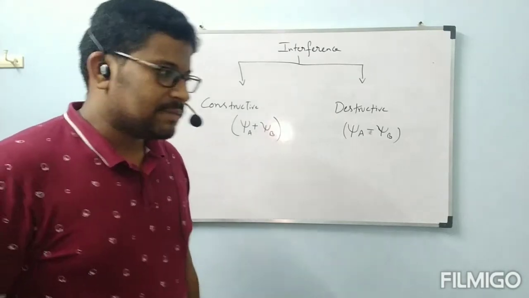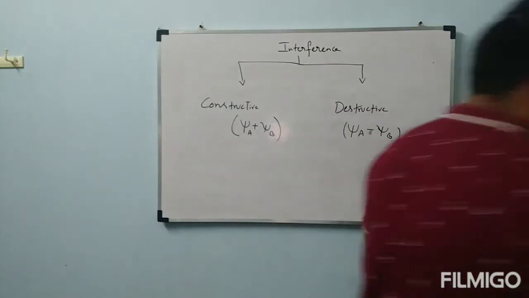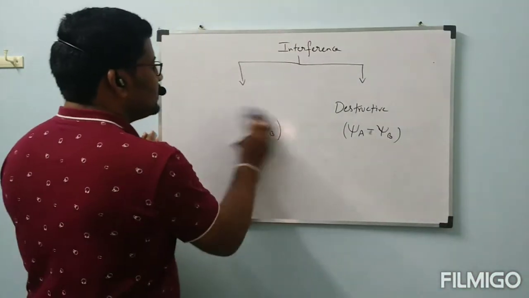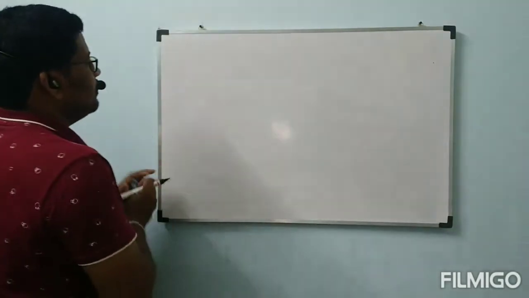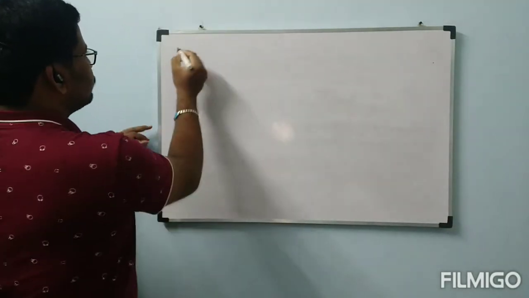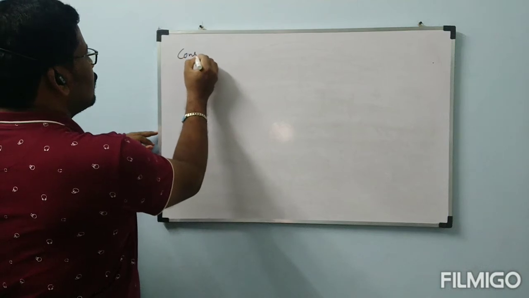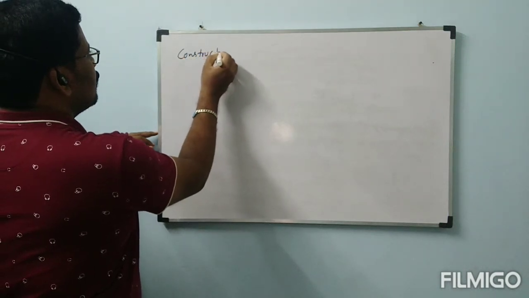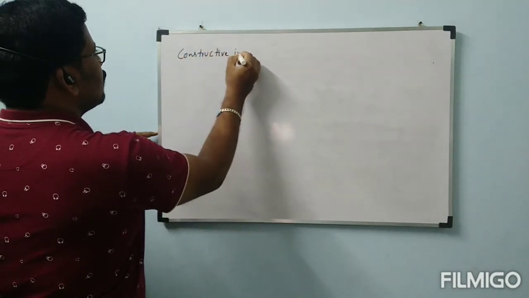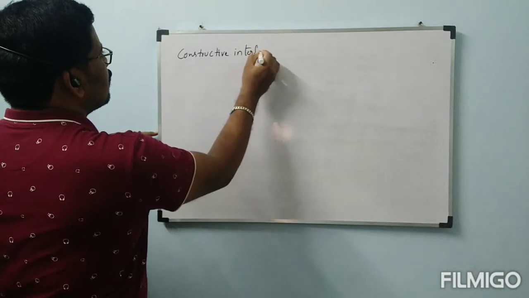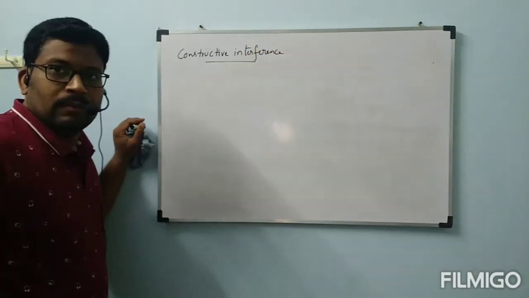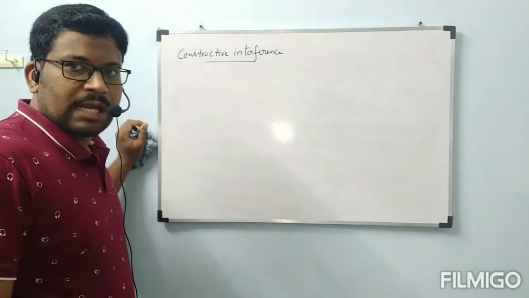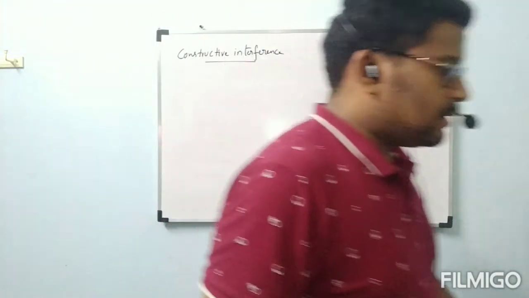Now let us keep the side heading. First side heading: constructive interference. Yesterday I told you electrons travel in the form of waves.